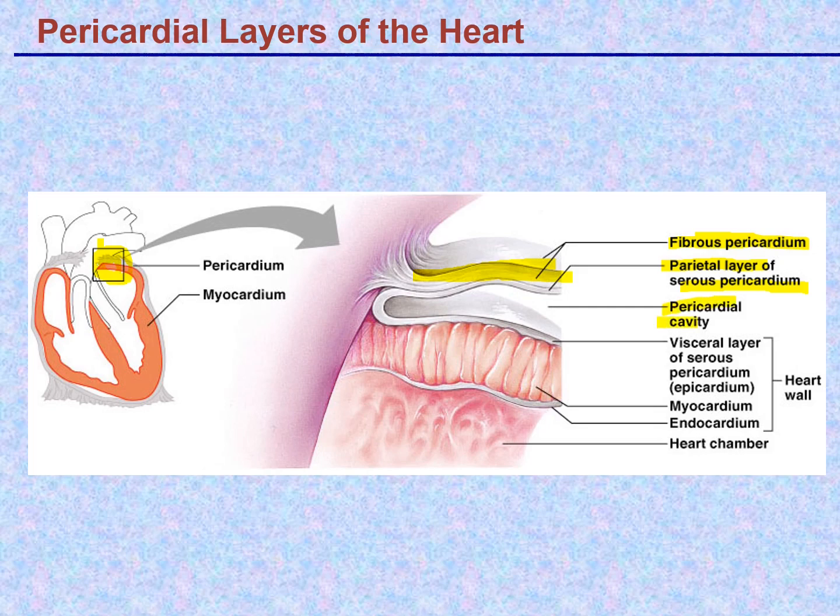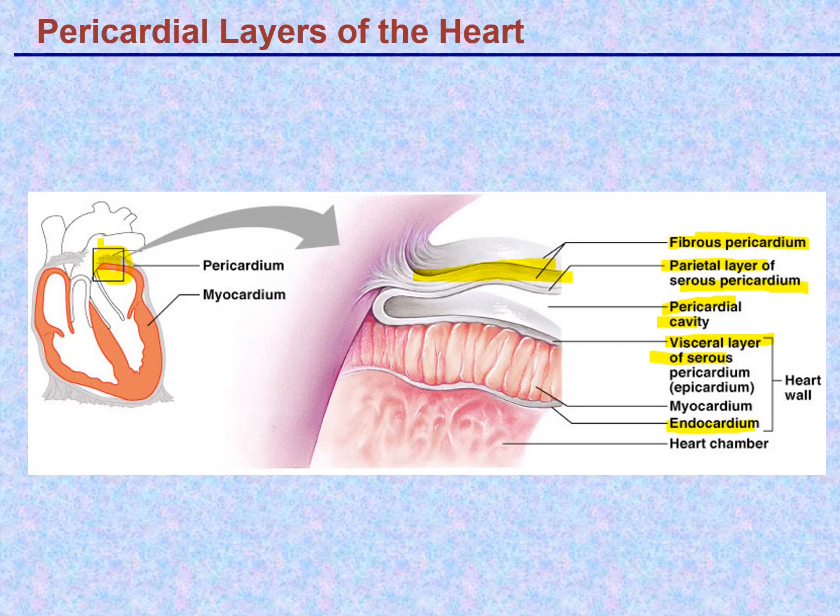There's the cavity in between, and then the visceral pericardium, which is right on top of the heart. All of this material here is cardiac muscle tissue, the wall of the heart muscle, and then on the interior side you have the endocardium, which is the internal lining of the chamber.